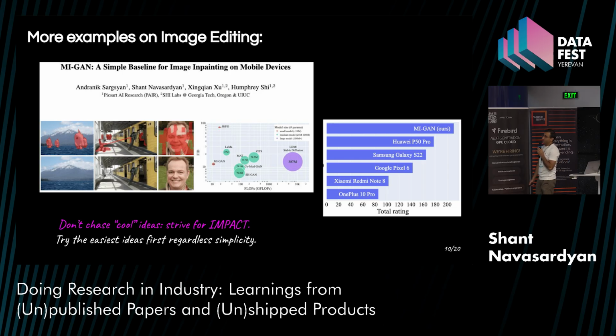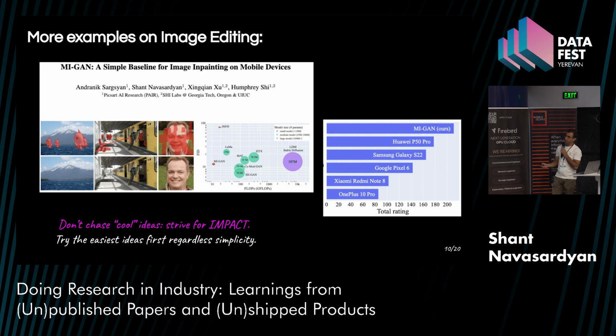Another one is about the same task, image inpainting, when we want to remove objects. I share this result to show this learning when I say don't chase cool ideas, just try for the impact, and try the easiest ideas first.